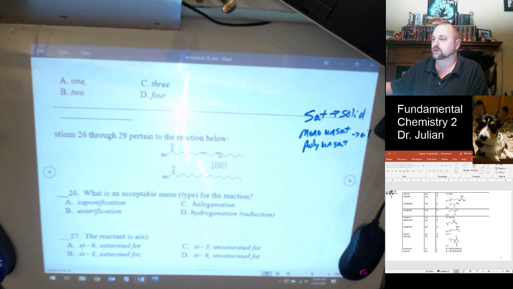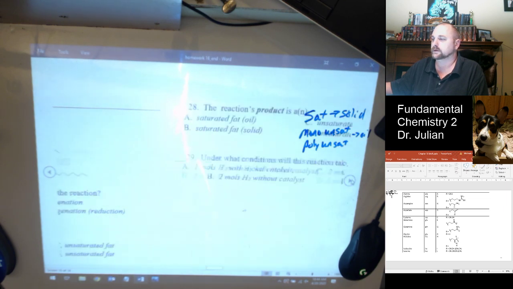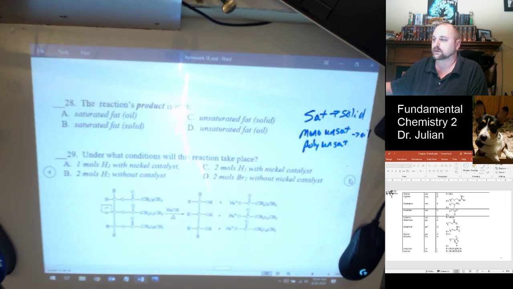So it took 2 moles of hydrogen, so 2 moles of H2 with a nickel catalyst. Okay, so that'll be C. Okay, excellent. So we said the product will be a saturated fat, which will be a solid.